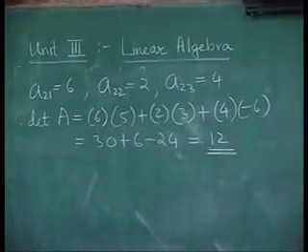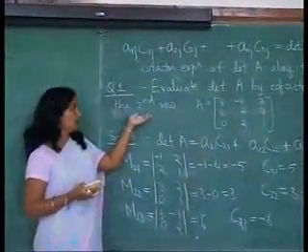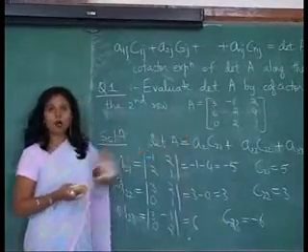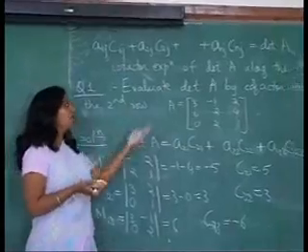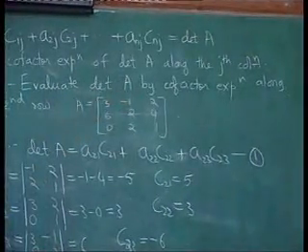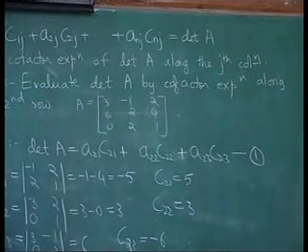If in the problem the choice is given to us, then we have no option but to go by that particular row or that particular column. However, if we've been asked to evaluate the determinant by simply cofactor expansion and no particular row or column is mentioned, then the choice is entirely up to us.